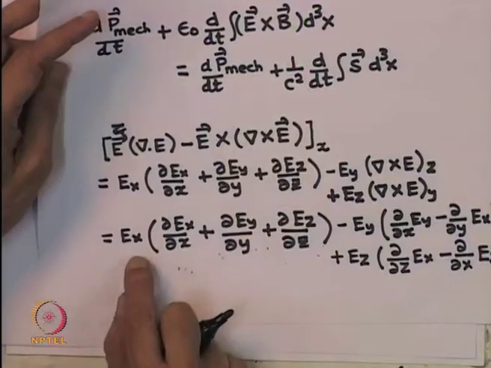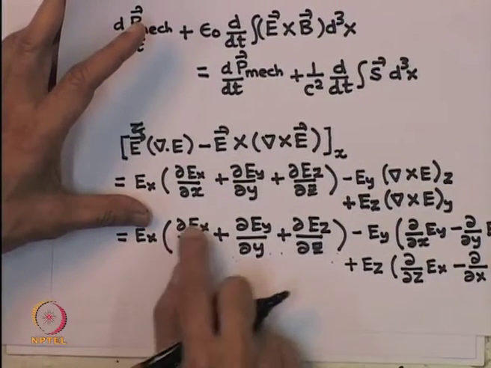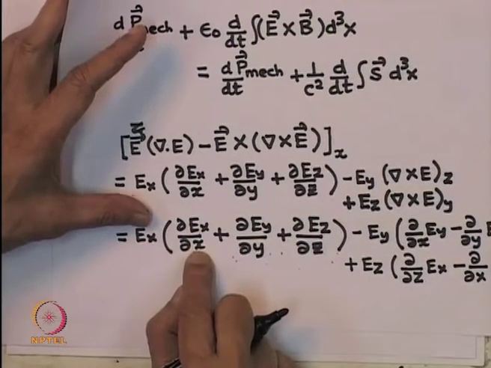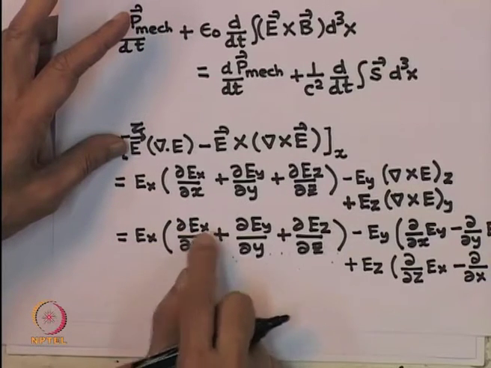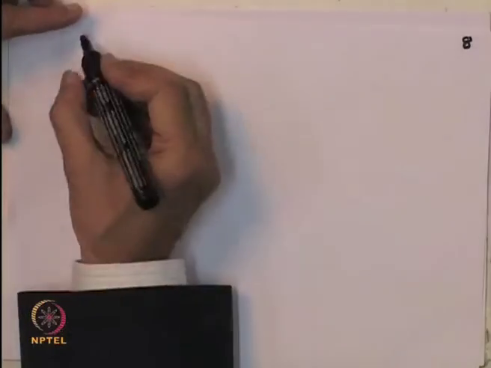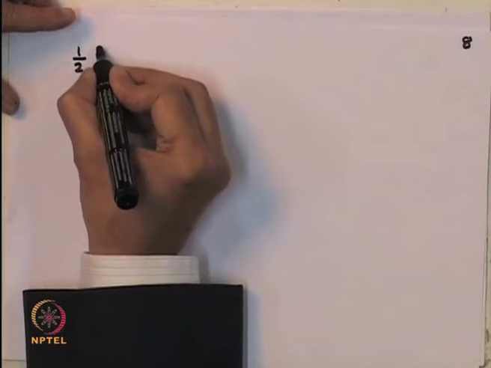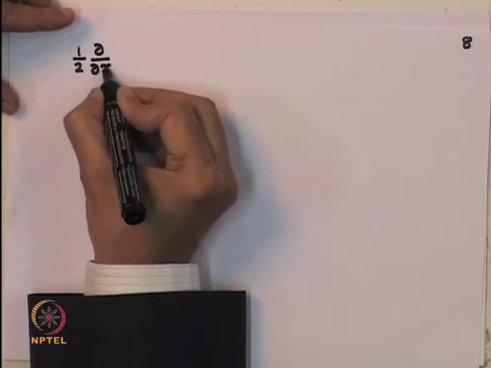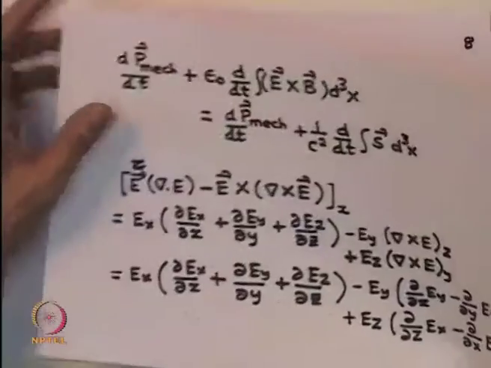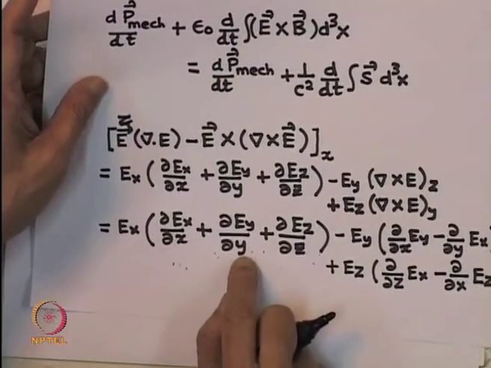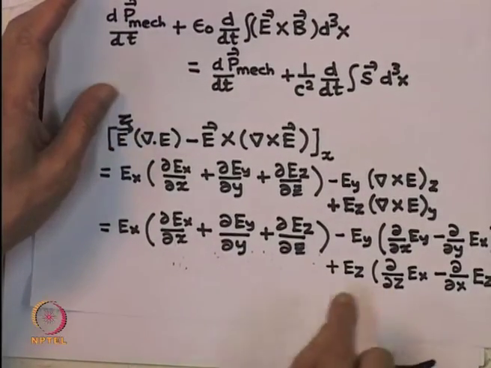So, what I have got here is this. I have got E x d E x by d x, which is nothing but half of d by d x of E x square. So, this term is half of d by d x of E x square. Okay, let us look at other derivatives with respect to x.